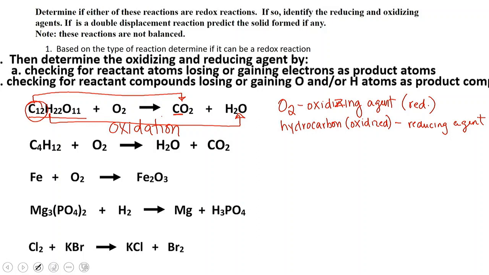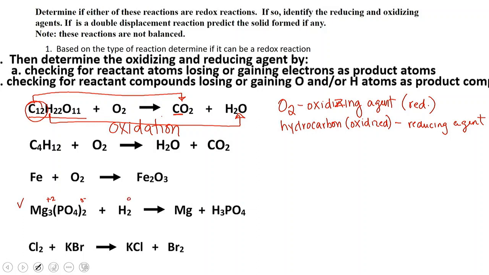And we are going to do the fourth one here together. All right, let's take a look at what happens to everything in our compound. Magnesium has a +2 charge. Our phosphate, we know it's going to be a 3-, and then our hydrogen has a 0 charge.